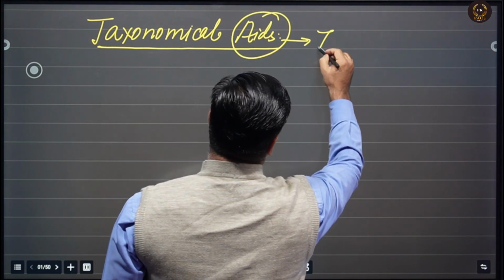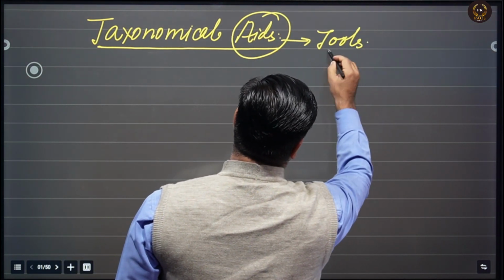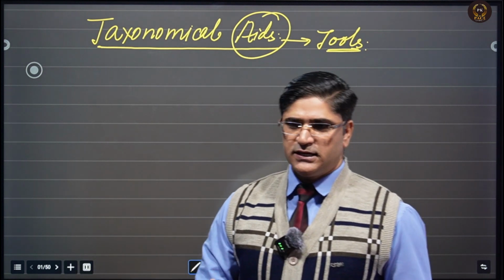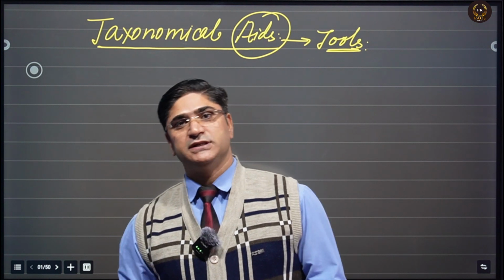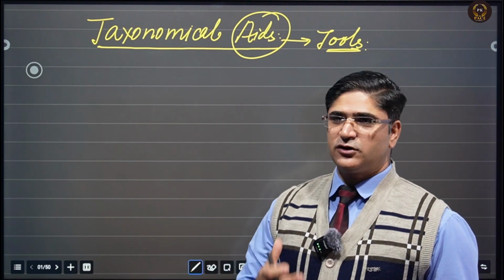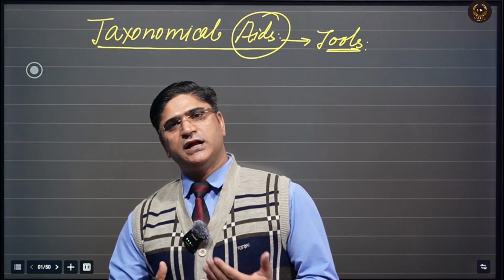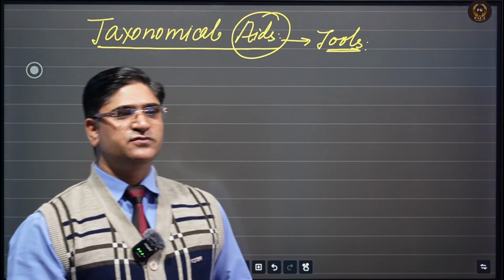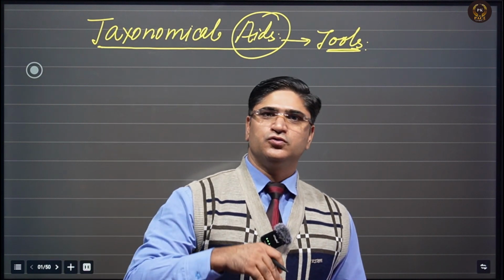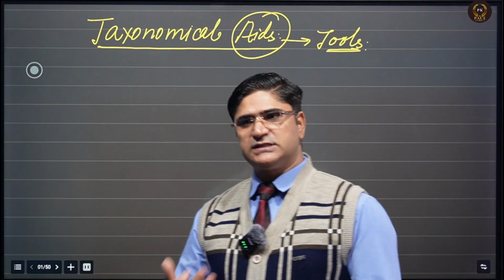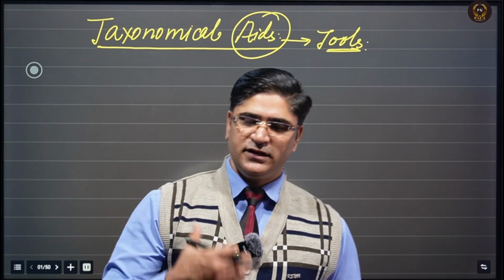The different tools we use in taxonomy which help in taxonomical studies are known as the taxonomical aids. There are different aids which help us carry out taxonomical studies in a convenient way, to understand taxonomy very well.